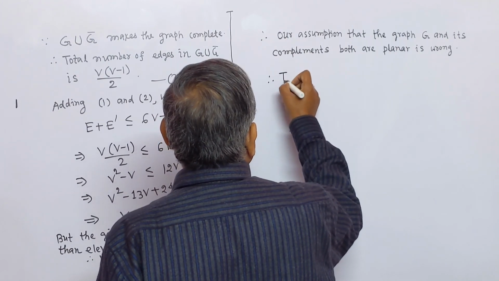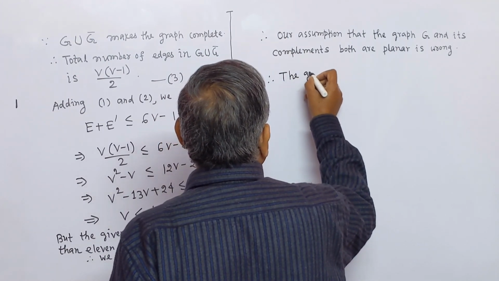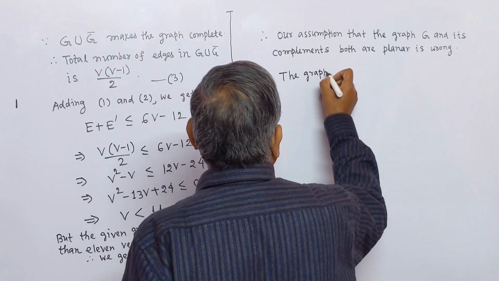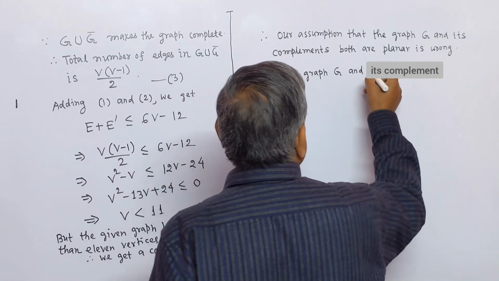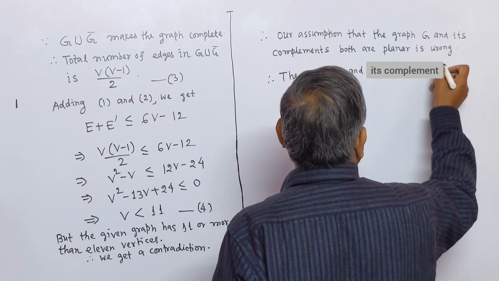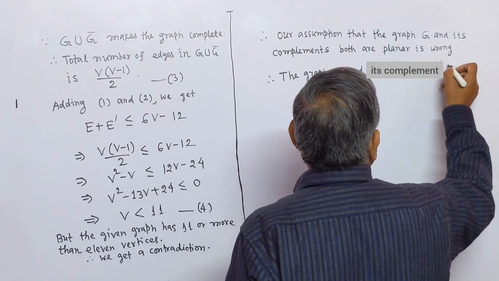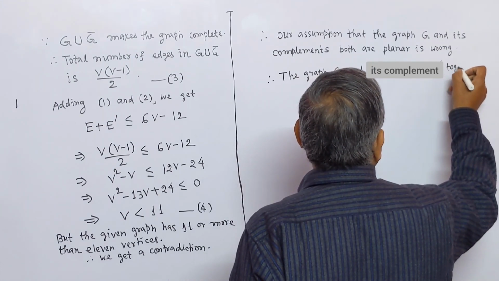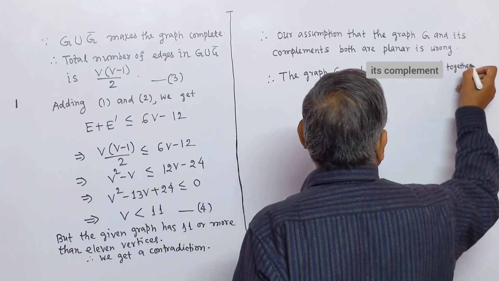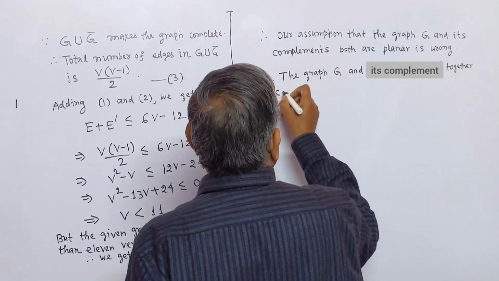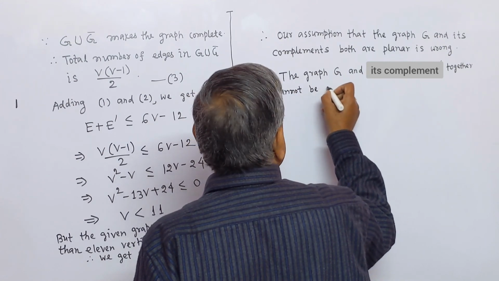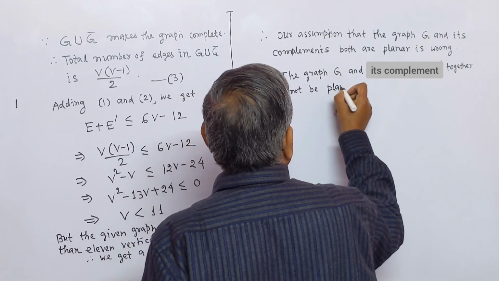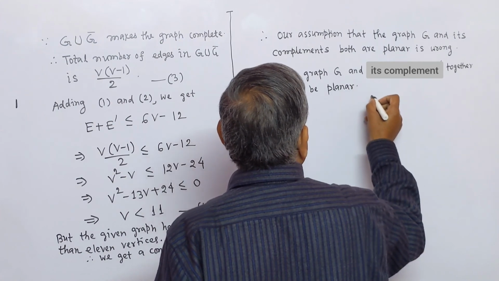Therefore, the graph G and its complement together cannot be planar. Proved.